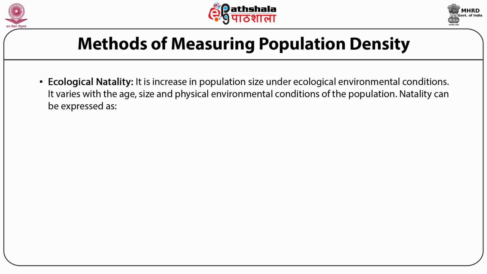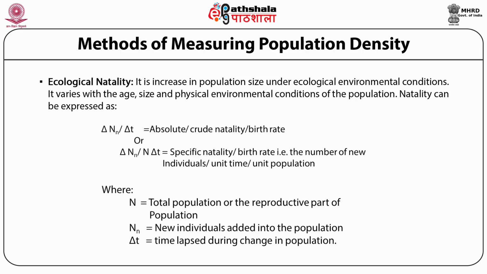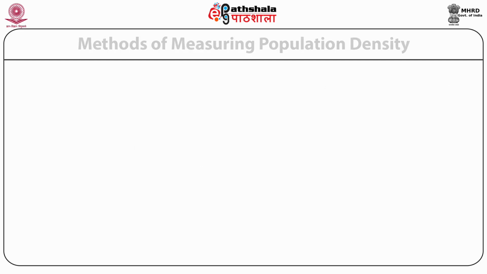Natality can be expressed as delta N divided by delta t, that is the absolute or crude natality or birth rate, or delta N divided by N delta t, that is the specific natality or birth rate, that is the number of new individuals per unit time per unit population.